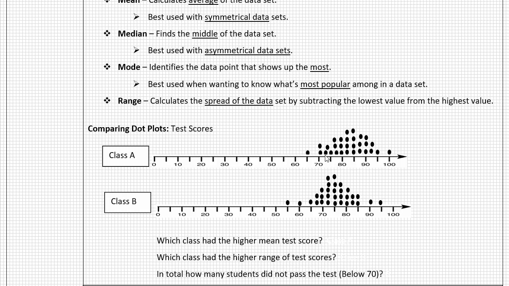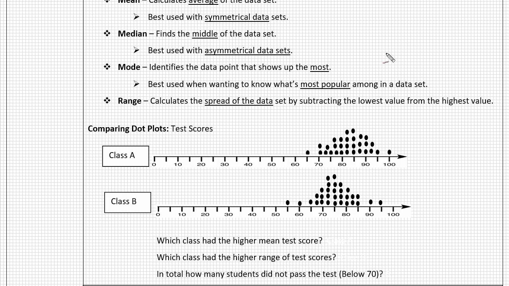And is this 72 or 73? So we have a pretty good idea, but we don't know the exact values. So if we don't know the exact values, we can't add up all the scores and divide by the number of students. So what do you see in the data that allows us to predict or answer this question, perhaps without having to calculate it?